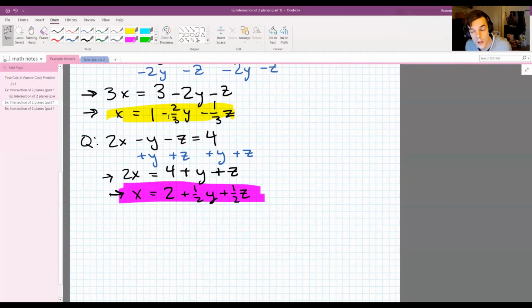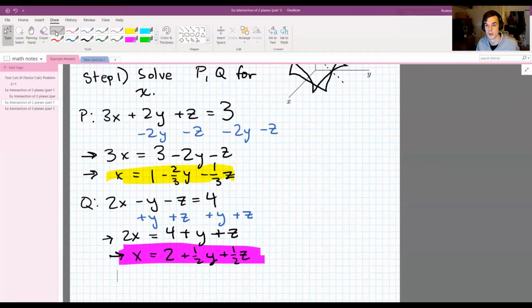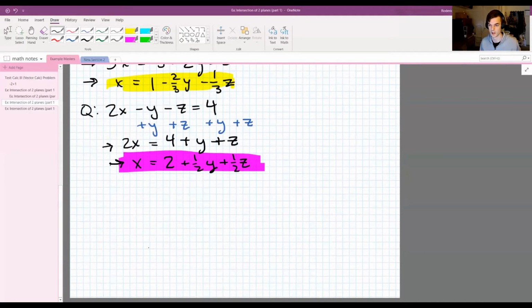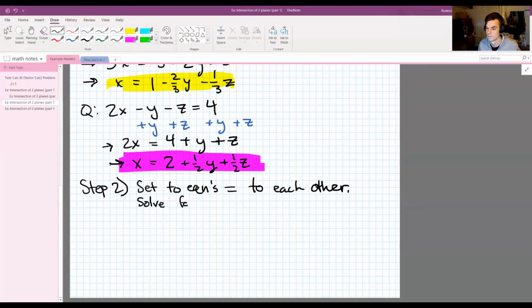So for step 2, we're going to set these equations equal to each other, and we're going to solve for another variable. Here I'm going to do y. So 1 minus 2/3 y minus 1/3 z equals 2 plus 1/2 y plus 1/2 z.